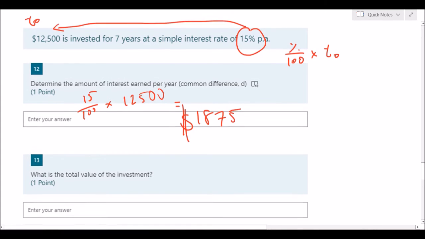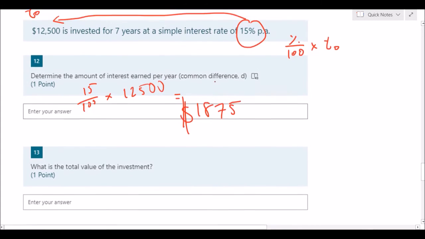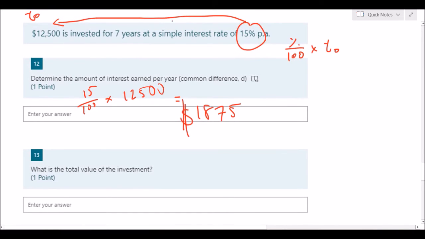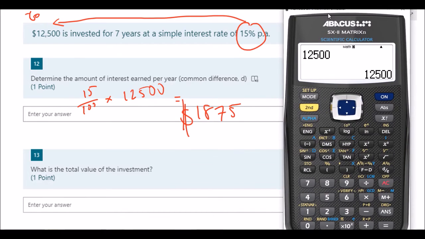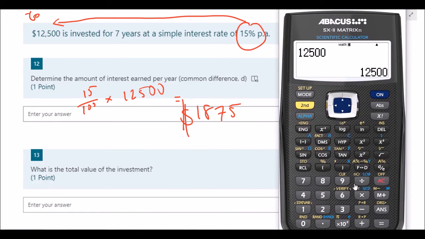Next question, what is the total value of the investment? So we're trying to figure out what's the value after the 7 years. So work that out on your calculator. Let's start off by typing down the starting amount, 12,500. And you know that based on that, you're adding, so plus 1,875 per year.